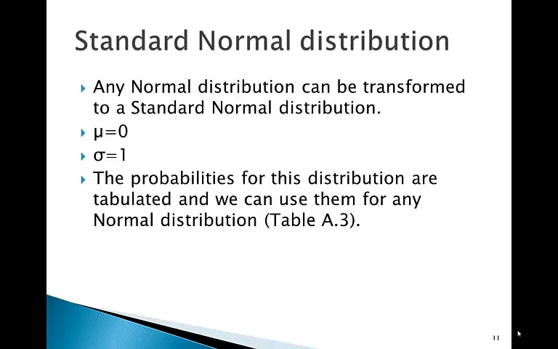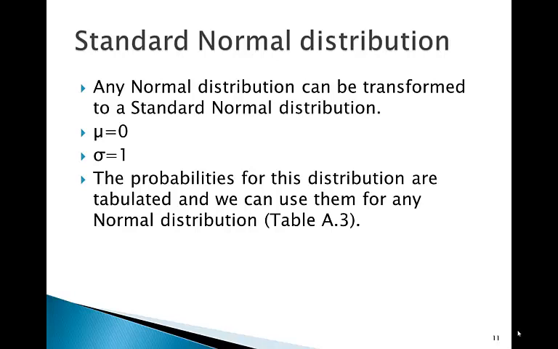This one distribution that we'll be using for looking up probabilities on the table is called the standard normal distribution. Any normal distribution can be transformed into a standard normal distribution. The standard normal distribution is simply the distribution that has a mean of 0 and a standard deviation of 1. So the distribution is centered at 0, and then the standard deviation that tells us how spread out the data is 1.